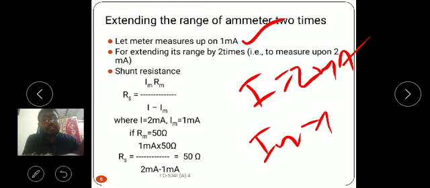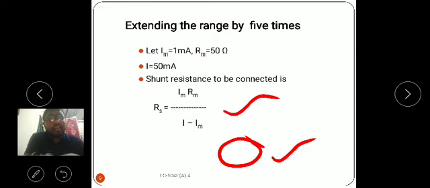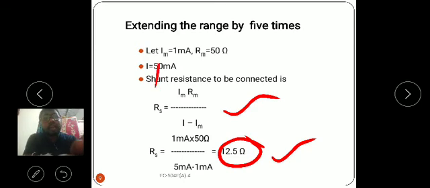Here I am extending my DC ammeter range. In the second case, IM is equal to 1 milliamp, RM is equal to 50 ohms, and I is not 50 milliamps, it is 5 milliamps, because we are extending only 5 times. Then substitute the values: RS is equal to 1 milliamp into 50 ohms divided by 5 milliamps minus 1 milliamp. Finally we get RS equal to 12.5 ohms.